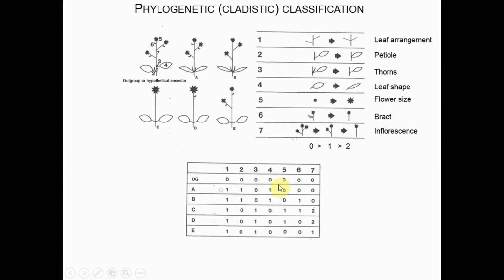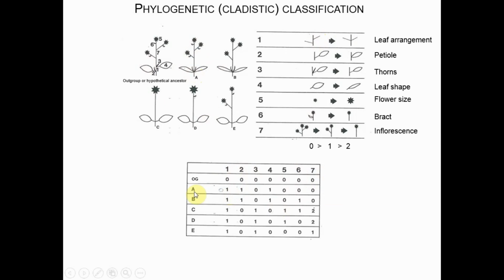Remember, what you immediately should do is you should put in 0 for everything for the outgroups, because the outgroup, as we said, will always, we assume based on our method, that is the plesiomorphic or primitive state. So then you go and look now at each character in each taxon.